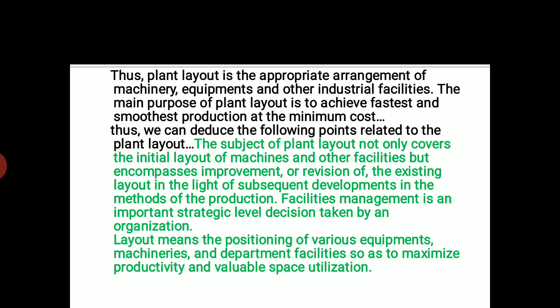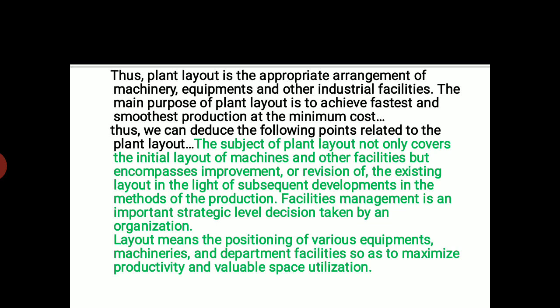If we just want to revise what plant layout is, we can say it is the appropriate designing or internal structuring of machinery, equipments, and all the other industrial facilities. And the main purpose behind having a good layout is that we may achieve the fastest and the smoothest production even at the minimum cost.